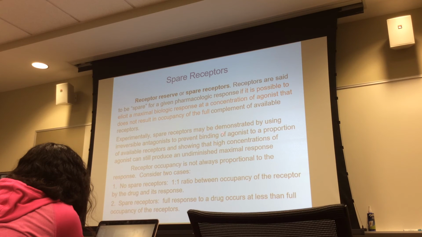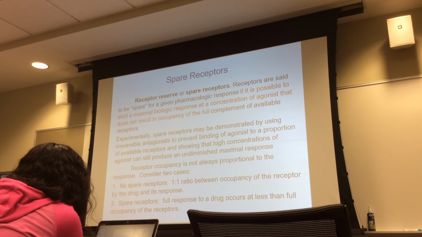Experimentally, spare receptors may be demonstrated by using a reversible antagonist to prevent binding of agonist to a portion of available receptors. So if there are no spare receptors, there's a 1-to-1 ratio between occupying the receptor and the response. But if there are spare receptors, response to a drug occurs at less than full occupancy.